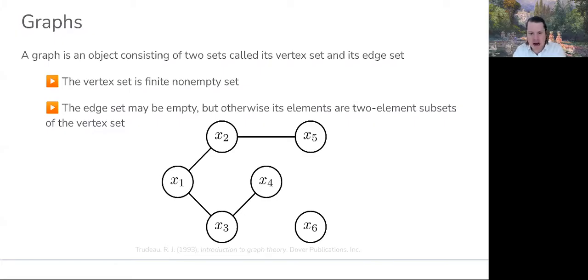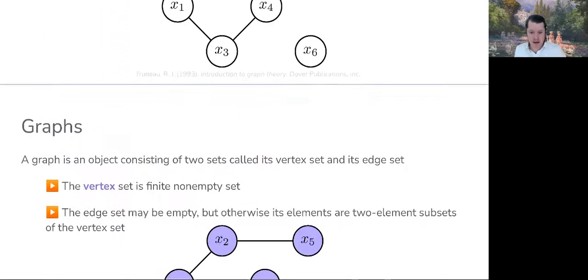We have a nice graph consisting of 6 nodes, and there are 4 edges. We have an edge between x1 and x2, x2 and x5, x1 and x3, x3 and x4, and we can see that x6 doesn't have a relationship with any of the other vertices within our graph representation here.